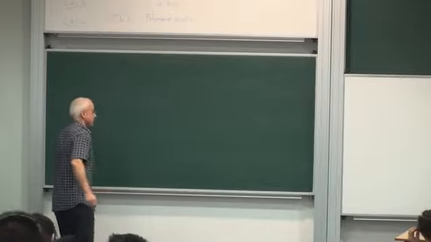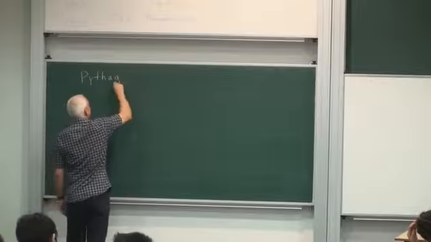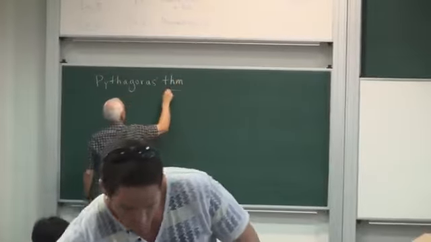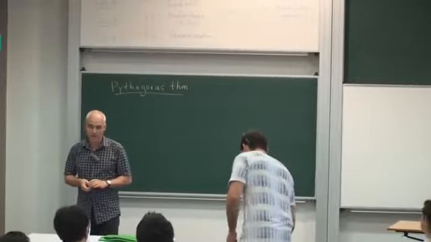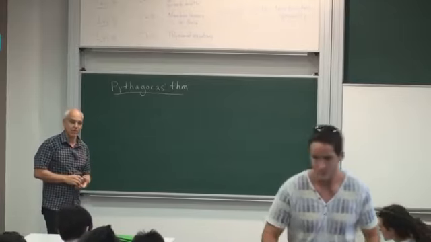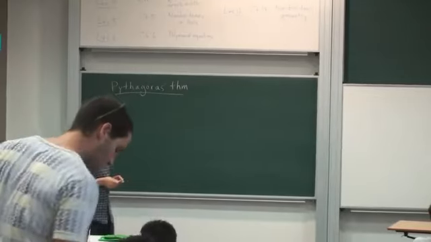So let's talk about Pythagoras' theorem. That's only one of the several topics that I'm going to be talking about today. We're also going to talk about irrationalities and Pythagorean triples, or rational parameterization of the circle.